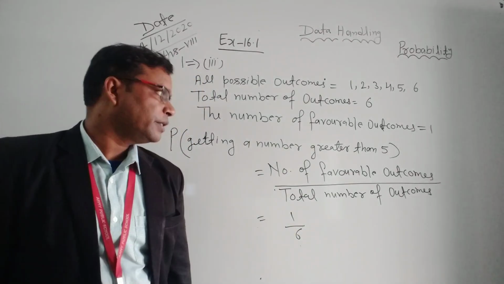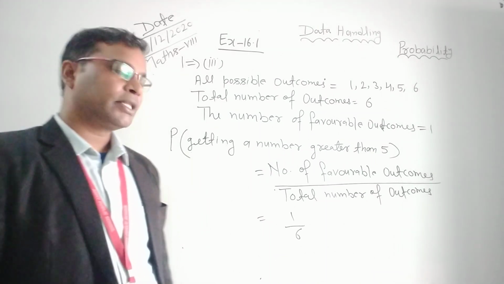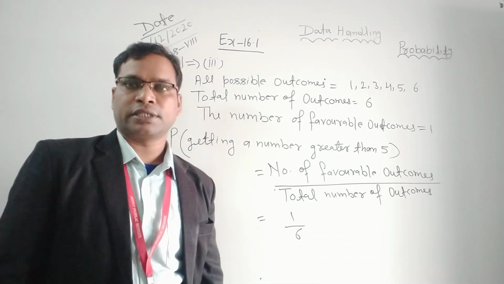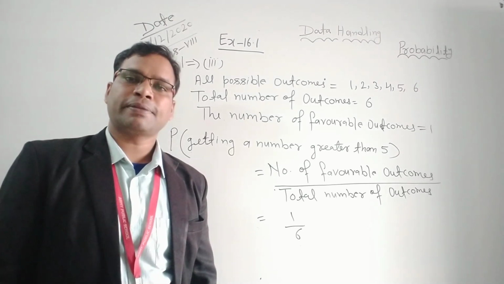So in this way you can see the probability of getting a number greater than 5 is 1 by 6.